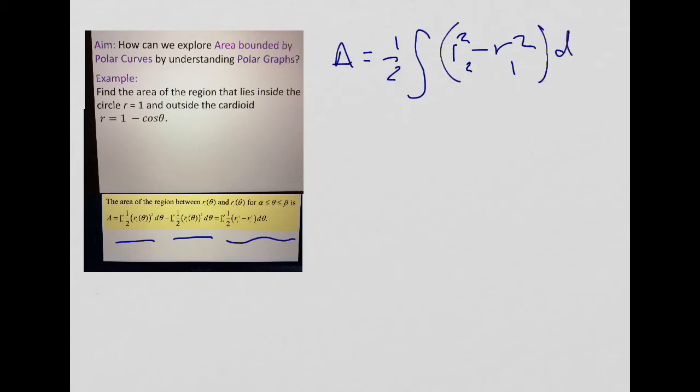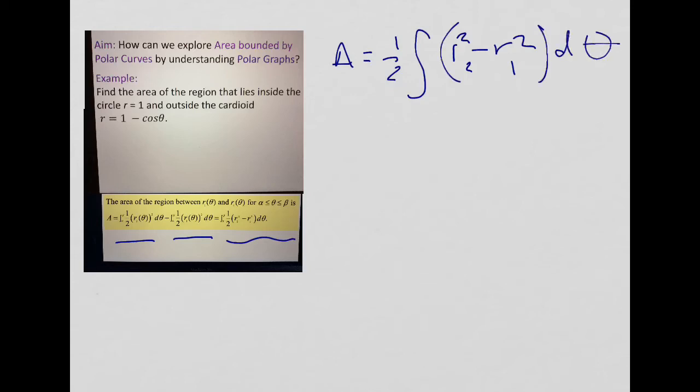So you need to know what's the outside, what's the inside, what's towards the left and the right, etc. You're basically subtracting the two, okay? So you would use this equation here. And once again, you can take out the 1/2. So you have 1/2 the integral of r sub 2 squared minus r sub 1 squared with respect to theta.